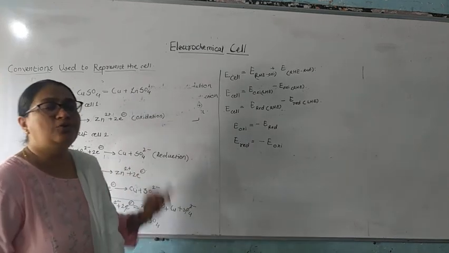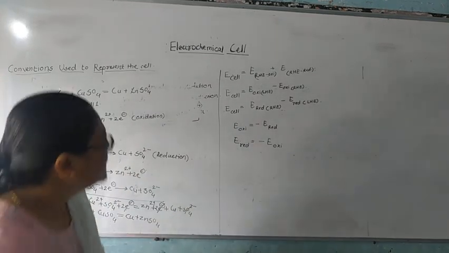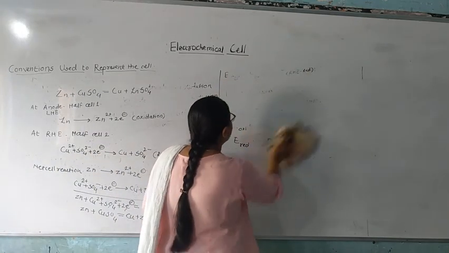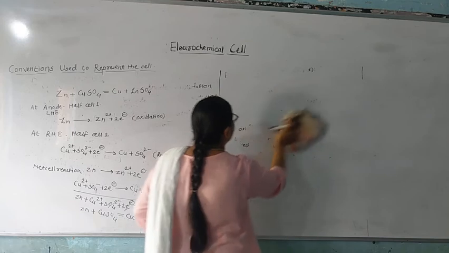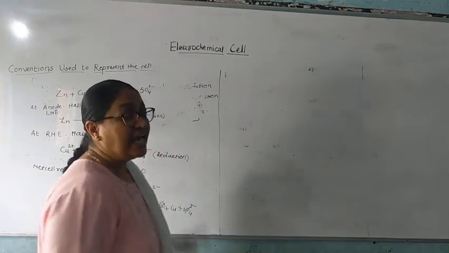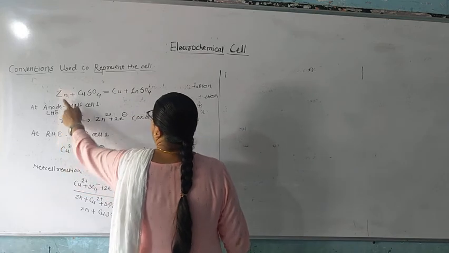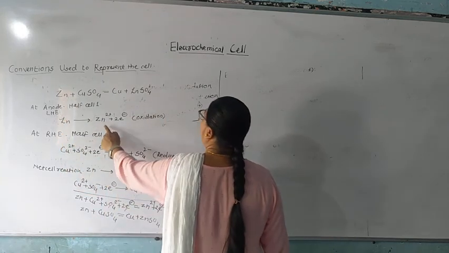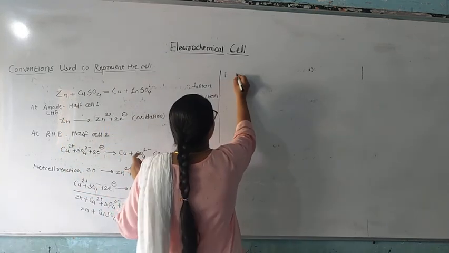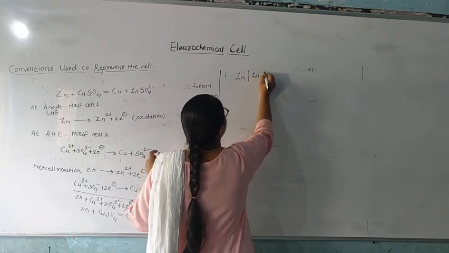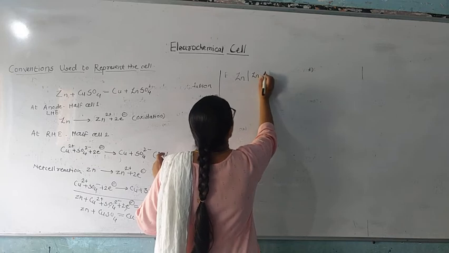Now we are going to represent the cell. See, therefore how the representation will be. First represent the LHE, first represent the left hand electrode. On the left side, this zinc is in contact with zinc 2 plus, that means which solution? You can write this as zinc sulfate or zinc 2 plus also.